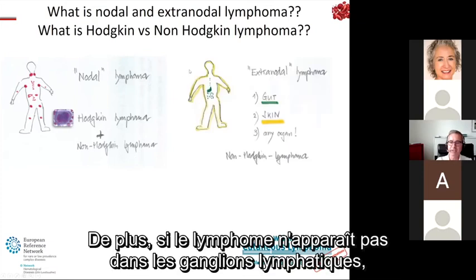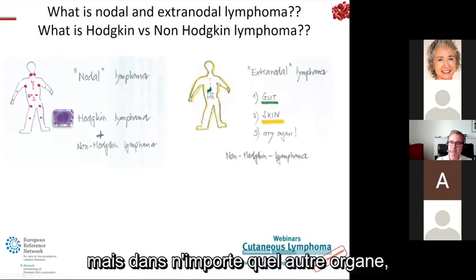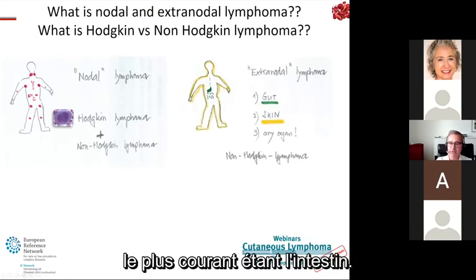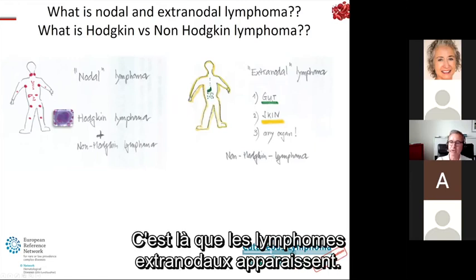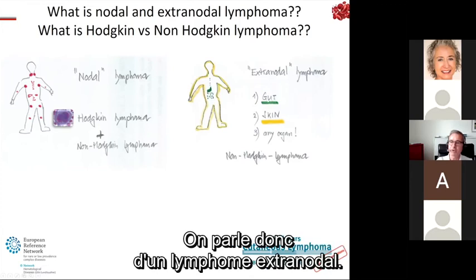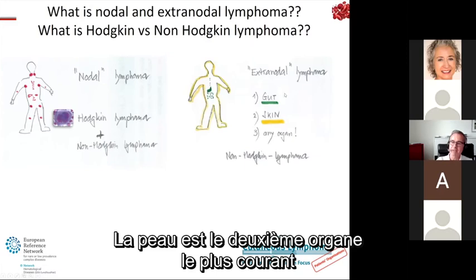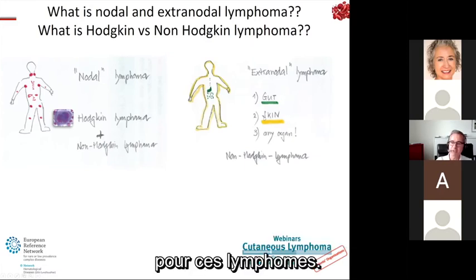On the other side, if the lymphoma does not arise in the lymph nodes, but rather in any other organ, and the most prevalent one is the gut, then we talk about so-called extranodal lymphoma. The second most prevalent site for extranodal lymphoma is already the skin.